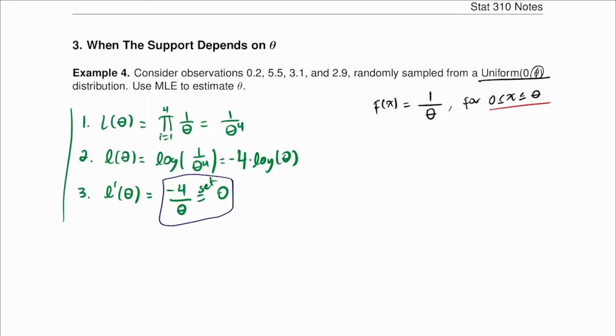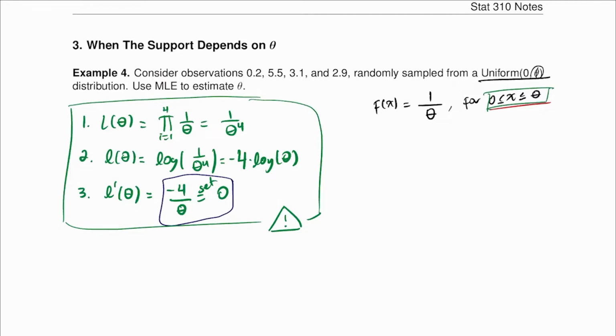So here this is problematic because we cannot estimate theta. What happened here? Well, we didn't consider the support of the distribution, and in this case it's important because it depends on the parameter and we want to estimate it.